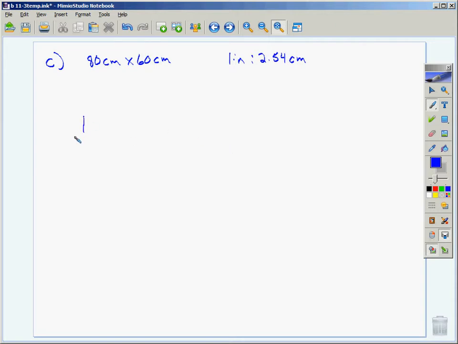So, if that's my scale, 1 to 2.54, I can find out how many inches this 80 centimeters is by making sure that I get it in the right spot in my proportion. I'd take 1 times 80, which is 80. I'd take 2.54 times x, which is 2.54x. And what am I going to do to get x by itself?